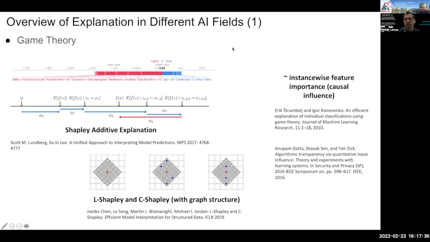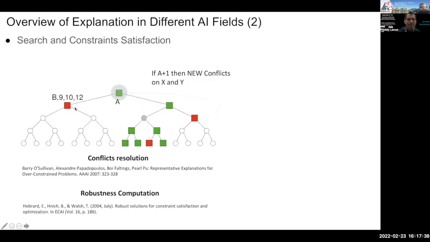Another important area, as I mentioned, is search and constraint satisfaction, where you have constraints among different entities and nodes, and the question is what are those soft constraints that might be removed, and what could I gain out of it.